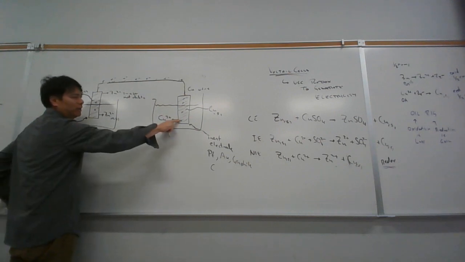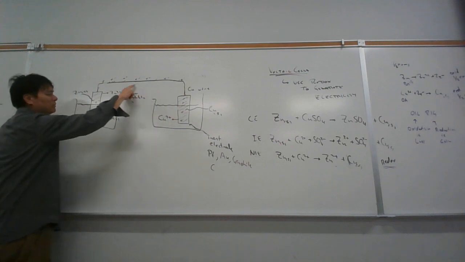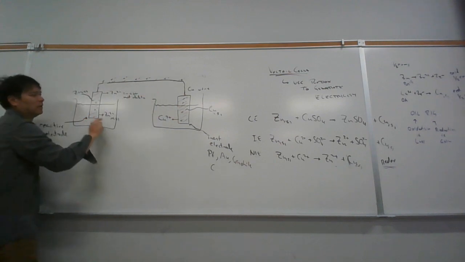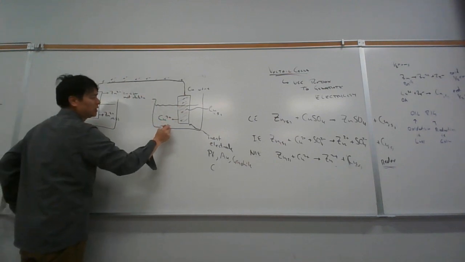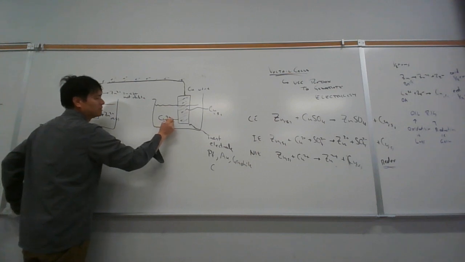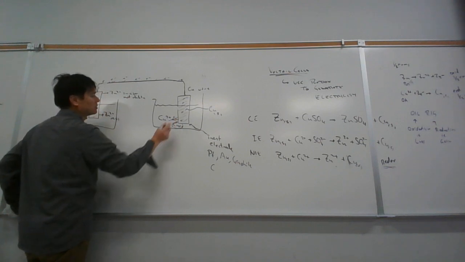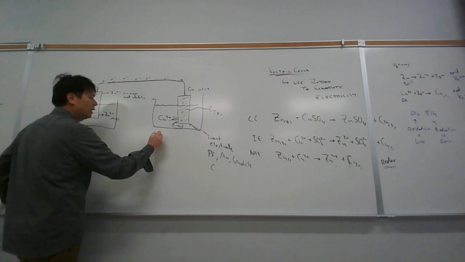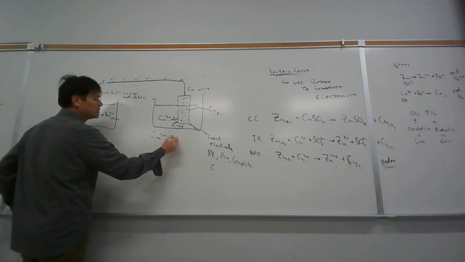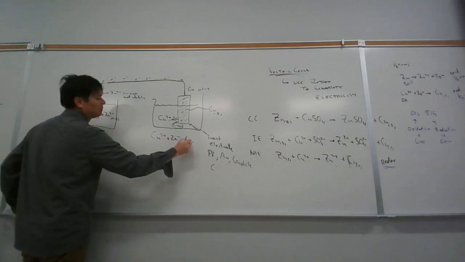So copper 2 is pulling on the electron sea here, but who's losing the electrons will be zinc over here. So the copper 2 gains 2 electrons. When copper 2 gains the 2 electrons, it's going to plate out copper solid. It's going to plate out here. And so over in this beaker, we're going to have copper 2 plus 2 electrons yields copper metal.